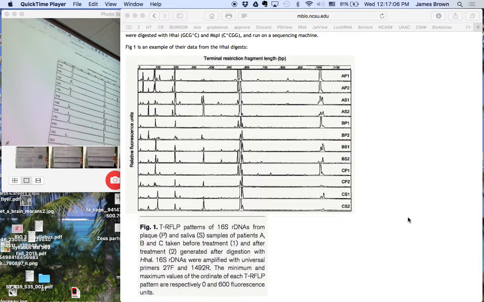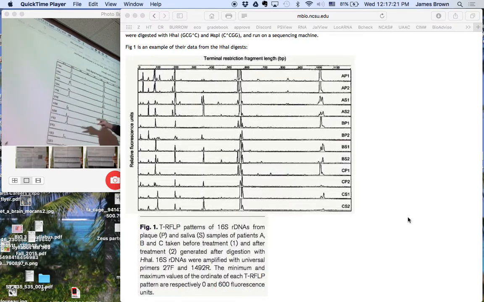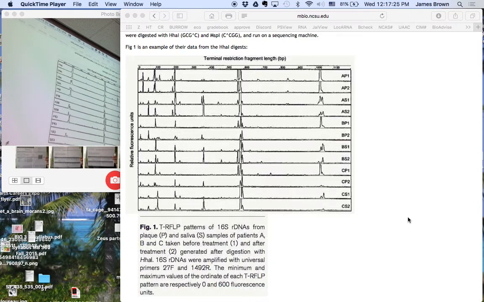Certainly there's variation from one person to another, right? That's pretty obvious. There are some differences between the periodontal and saliva samples, but they're not so great. The before and after, in some cases, are really dramatic differences, right? You don't even have to know what those peaks are to quantitate that.